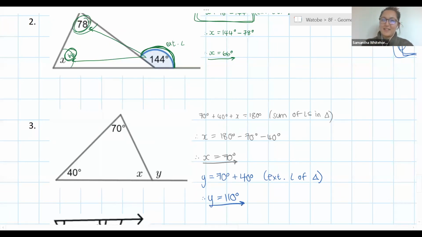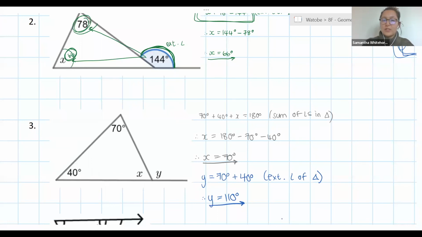Screenshot time. Guys, take your screenshots, have a look. What's quite nice with geometry is there are often different ways that you can answer and get the same value. You guys might have done something slightly different for Y. You could have used angles on a straight line. If yours look a little bit different, that's okay.